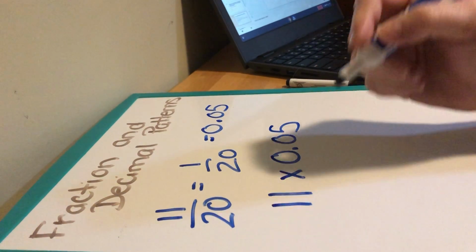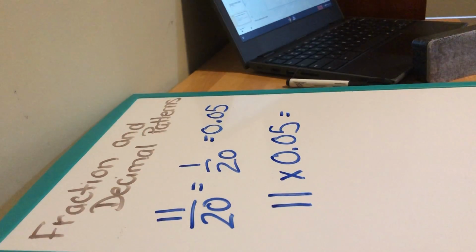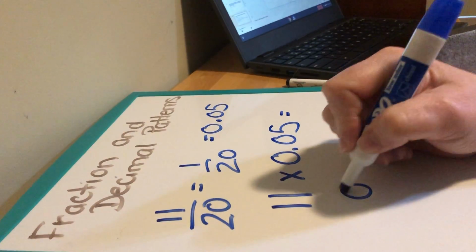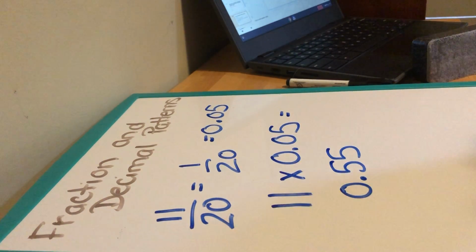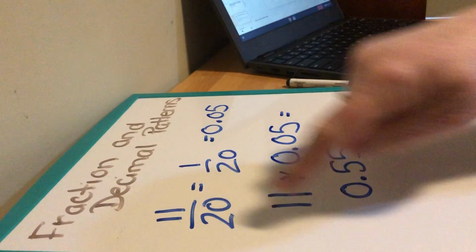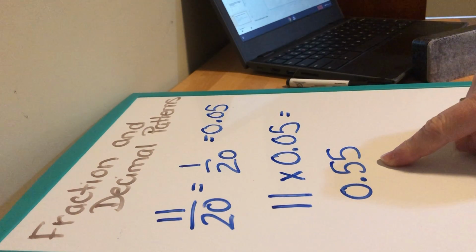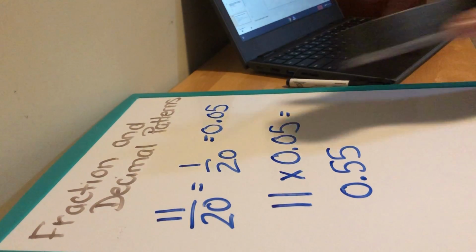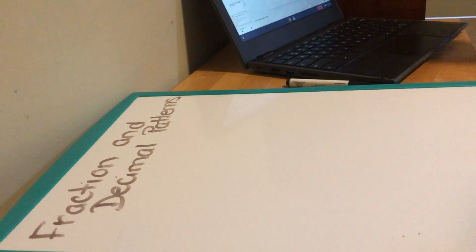And that is going to get me, if I use a calculator or a stack and multiply, 0.55. So as long as we know this unit fraction up here, multiply it by the number of unit fractions we need, we can get our answer here in a decimal. That is slide number 6.